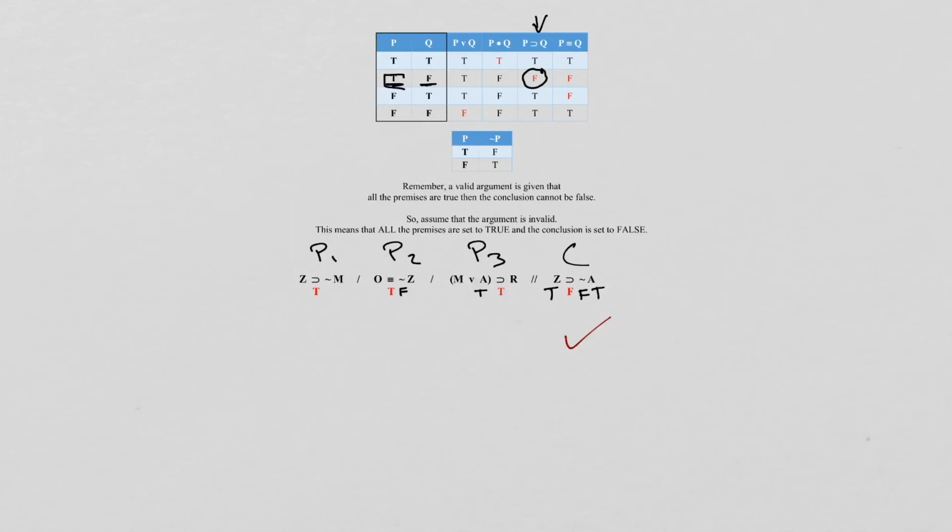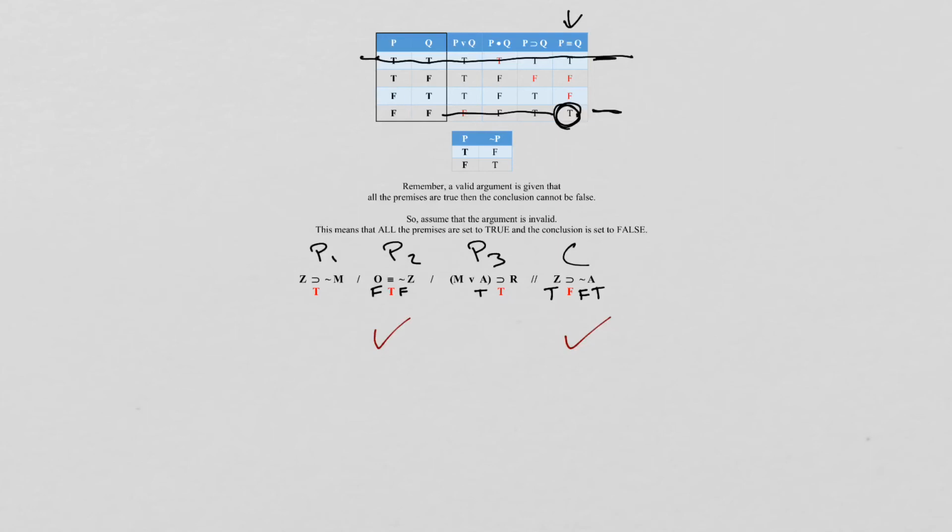So now we're going to be down here, and we need it to be true. So we're basically looking at these two, and we know that one side is false. So that is not an option. It has to be this one right here. So that means O has to be false. Okay, we got that one to work.